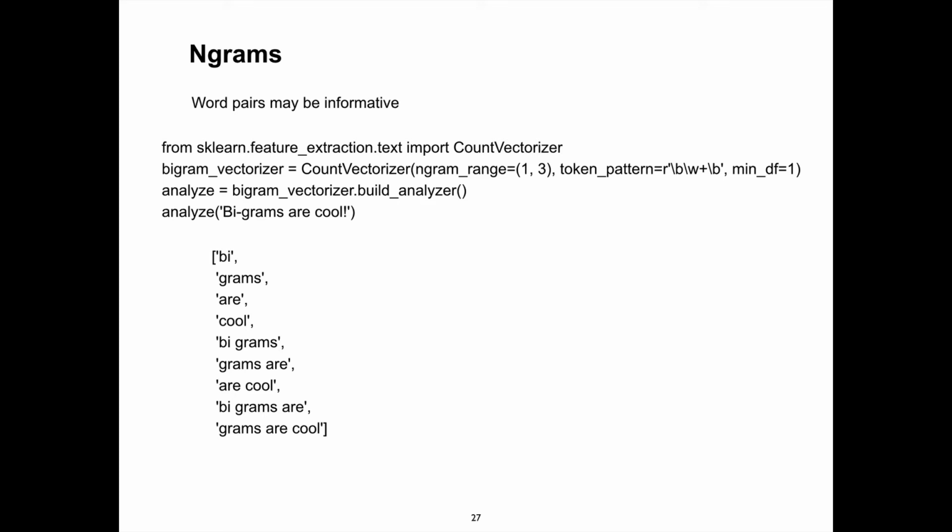I want individual words, pairs of words, and triplets as they occur, right? And then I'm doing it on this sentence, and I'm getting all the individual words, and then the pairs as they occur, and then all the triplets as they occur.